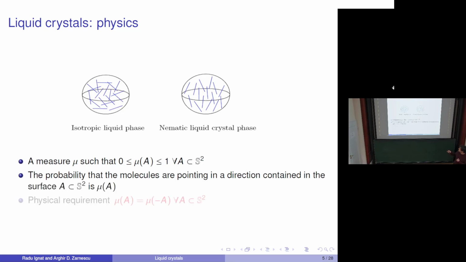That number would be the probability that the molecules are pointing in a direction contained in that surface A. Now, these molecules have no head or tail, so you'll have as many molecules pointing in this region A as pointing in this region minus A. So this gives you the physical requirement that mu of A is equal to mu of minus A for any region of the sphere.